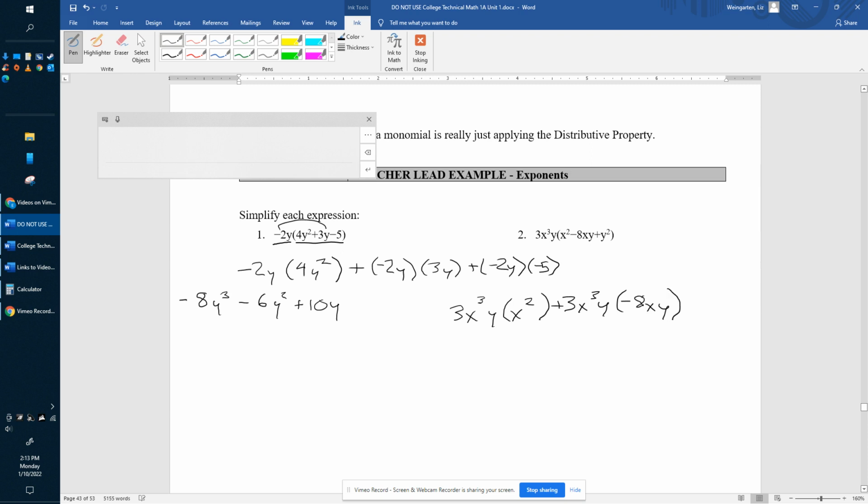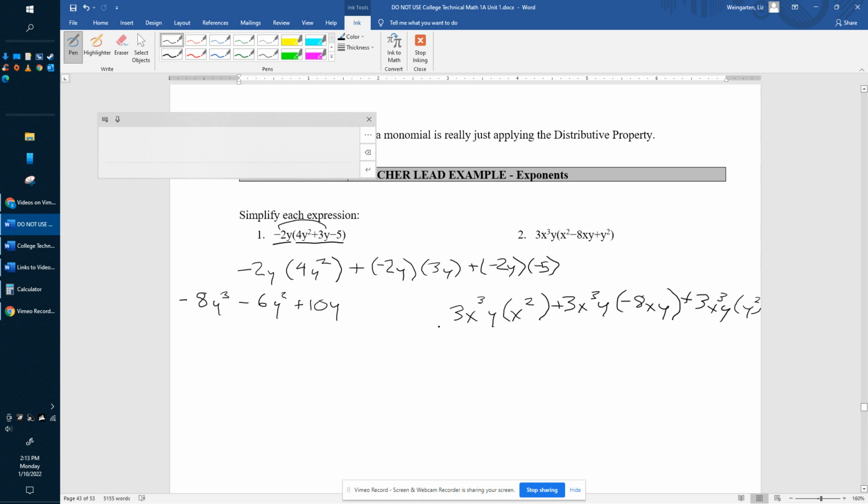Now that negative only sticks to the 8, it doesn't stick to the x or the y. So don't feel like you have to have multiple negatives in there. And we have 3x cubed y times y squared.